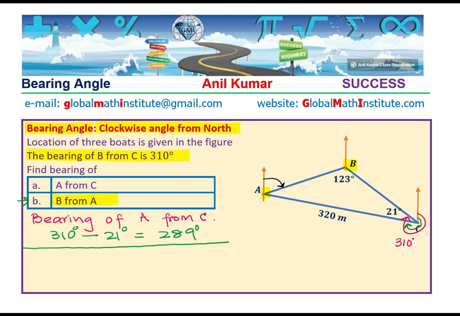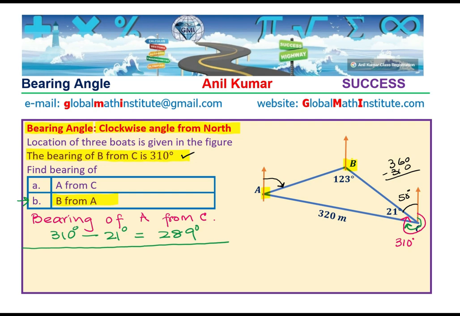One of the approaches which I use: from the given information, we are given that the bearing of B from C is 310, right? So, how much is this angle? Well, that angle is 360 minus 310, which is 50 degrees.